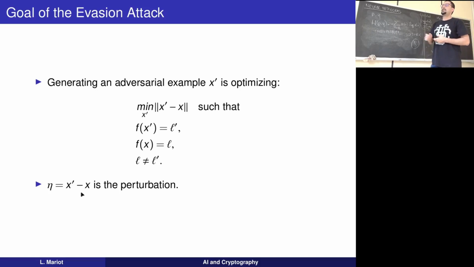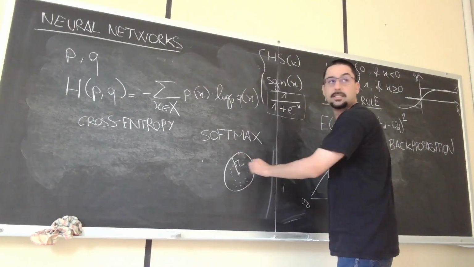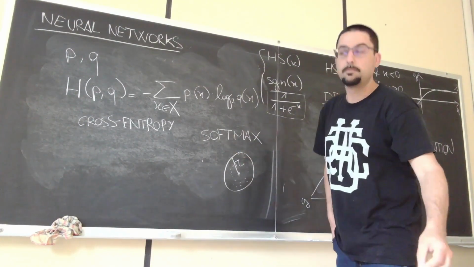And eta is basically the difference between the original and the adversarial example. So basically it is the perturbation. And we want this eta to be basically something that is inside a specified ball.